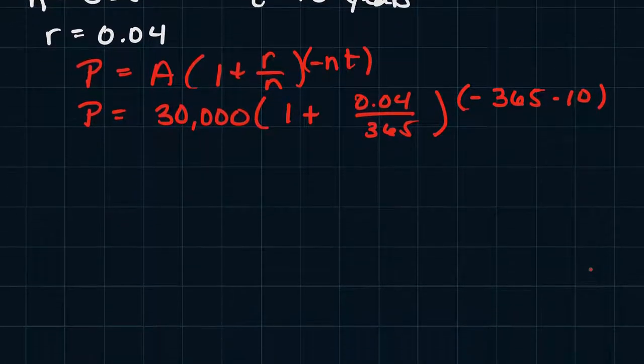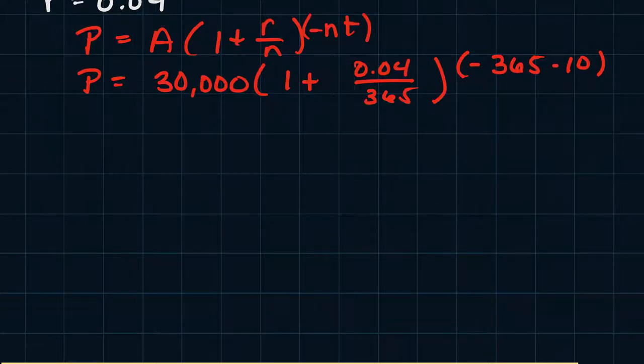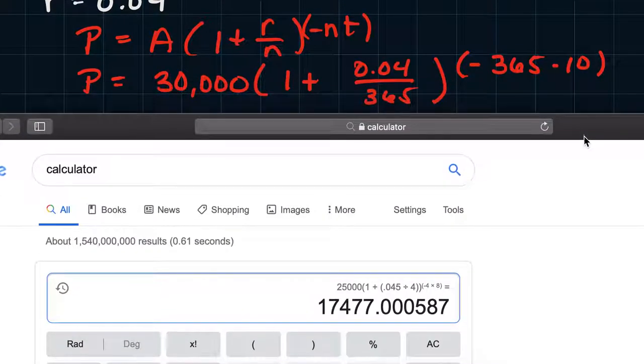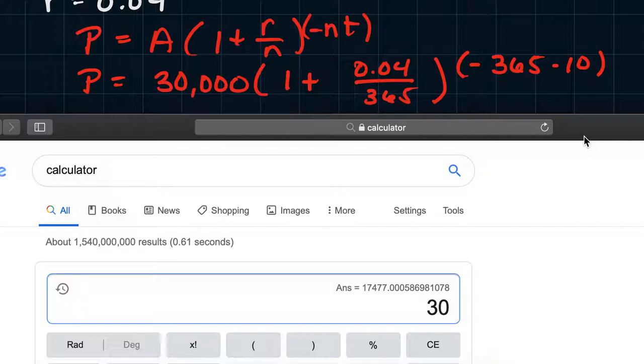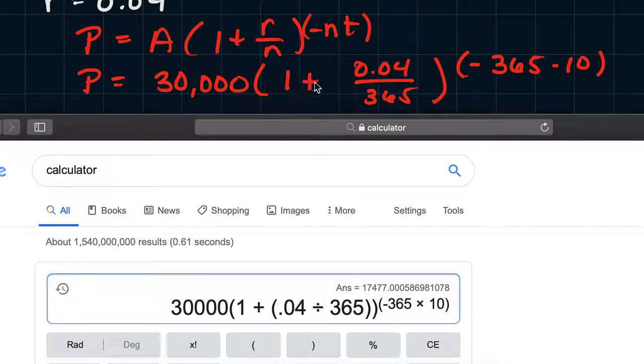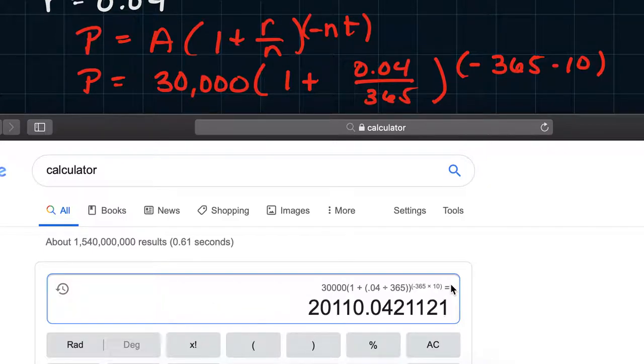I'm going to put that in the calculator. So 30,000 times 1 plus 0.04 divided by 365 raised to the negative 365 times 10. Let's just double check we have all the pieces. 30,000, 0.04, 365, we got the 1, and the negative 365 times 10.